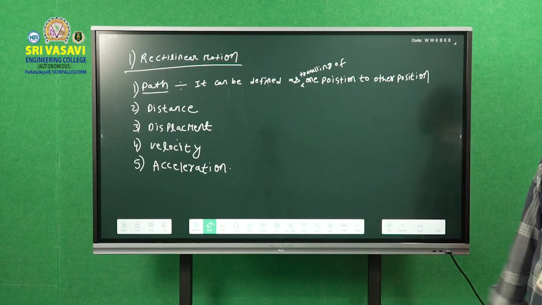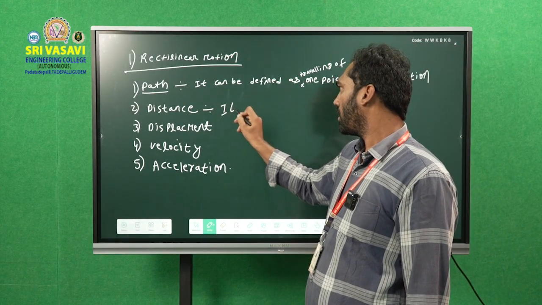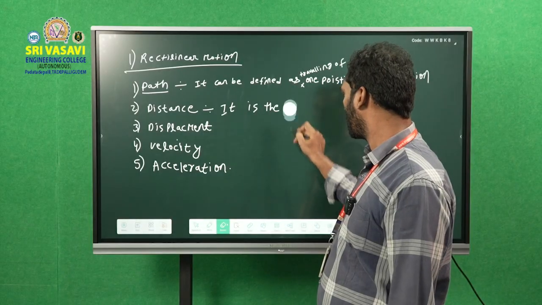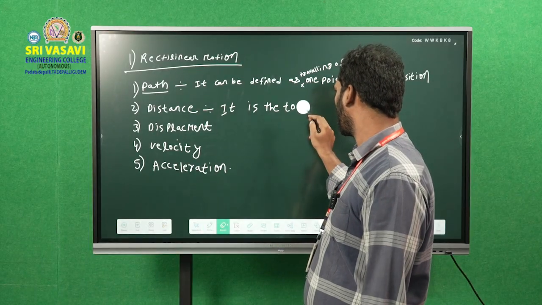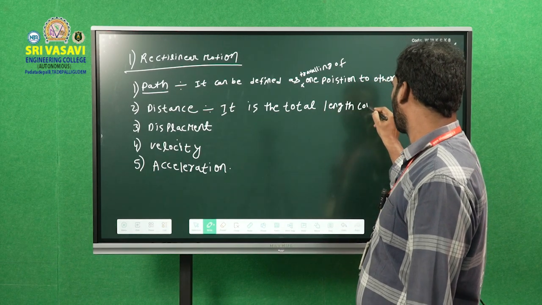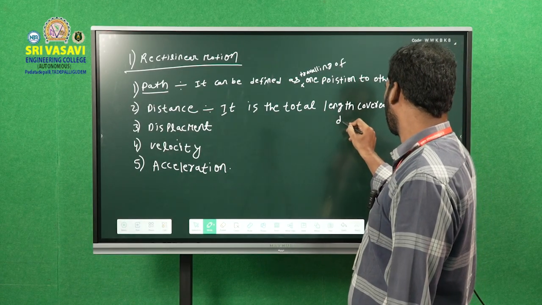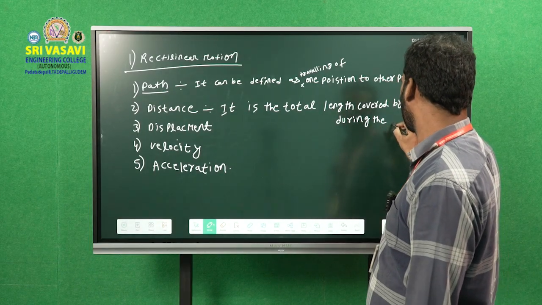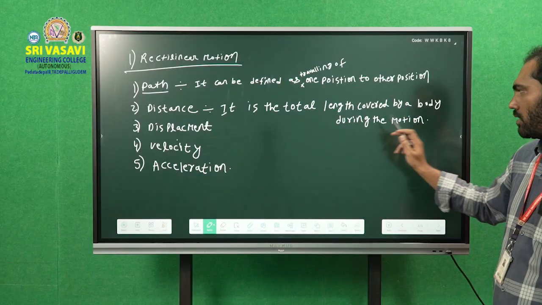When coming to the distance, you can say that it is the total length covered by a body during the motion.